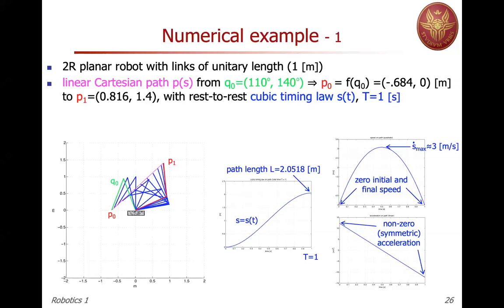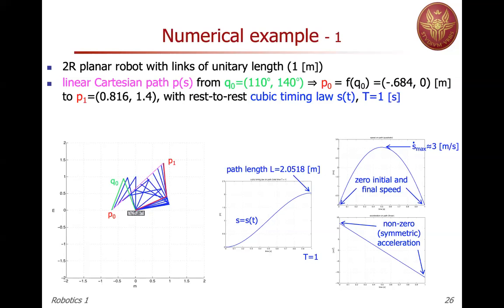And of course, the acceleration profile is linear, so you start with a maximum acceleration, you decrease this acceleration constantly, you get to 0 acceleration where the velocity has a maximum, so at half the motion, so at time 0.5 second, and then you get to the symmetric negative deceleration where you stop.